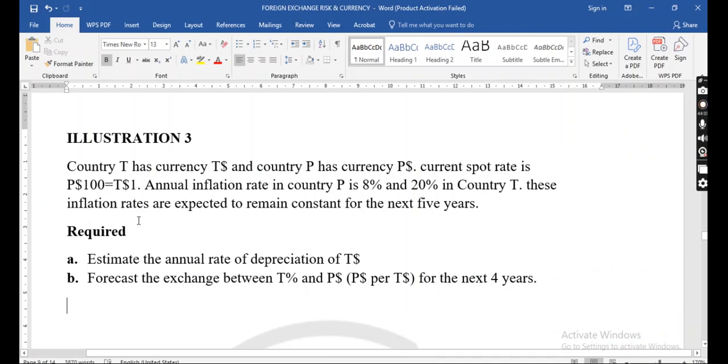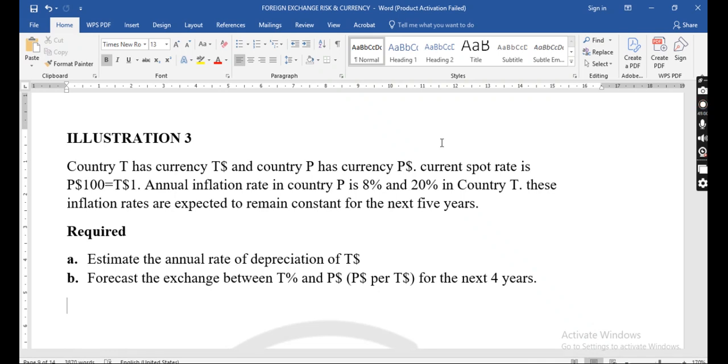Now, country T has currency T dollar. Country P has currency P dollar. The current spot rate is P dollar 100 and T dollar 1, right?